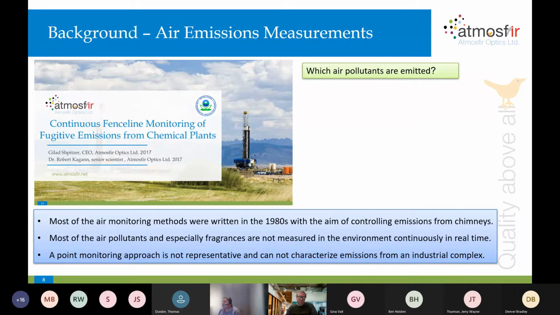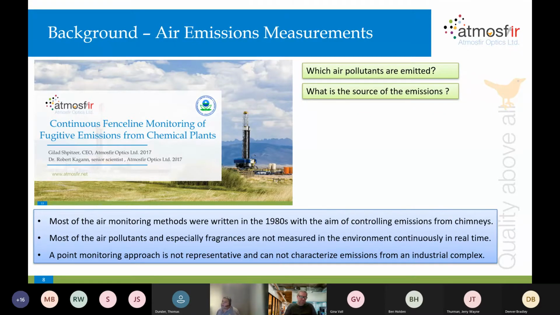So if you want to design a measurement system, we want to know which air pollutants are emitted. Whether it's just one compound or 10 compounds will influence our system. The second question: we want to know what the source of the emission is.